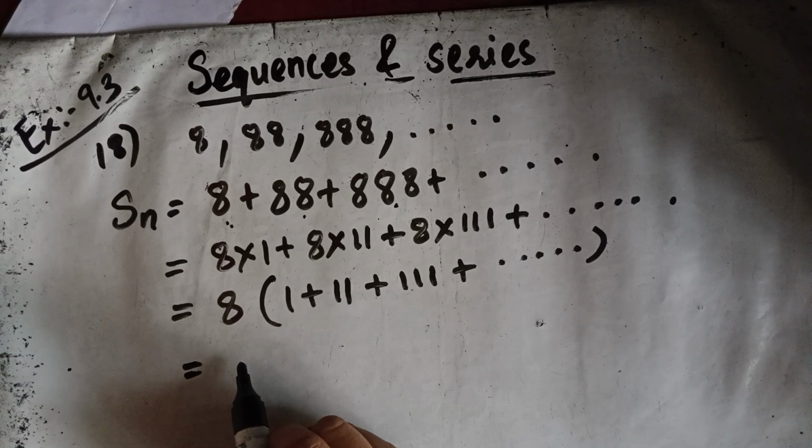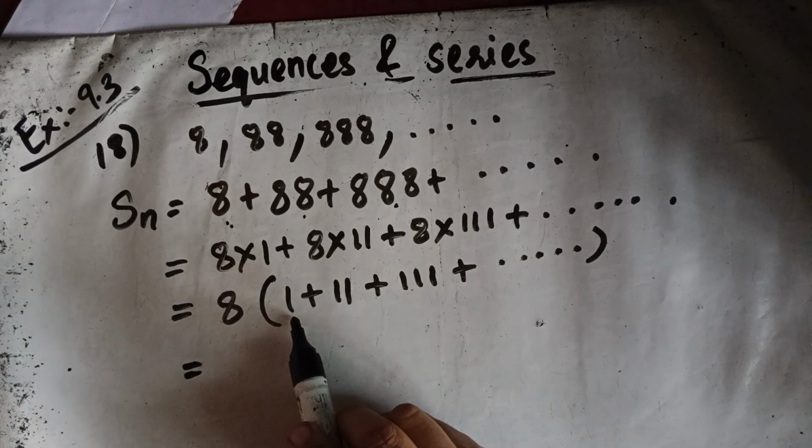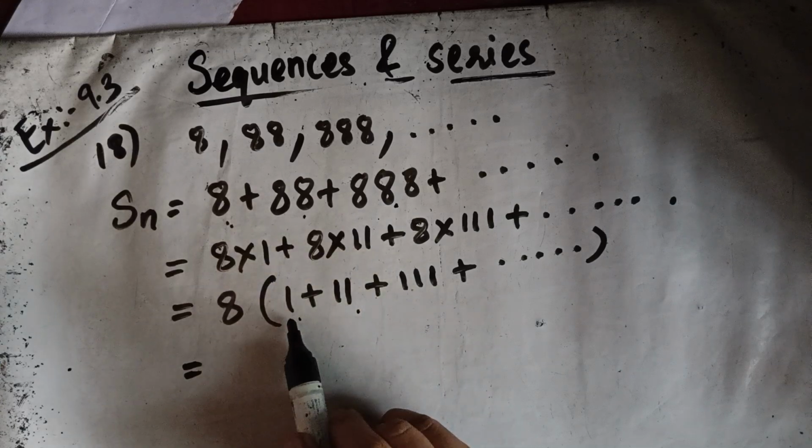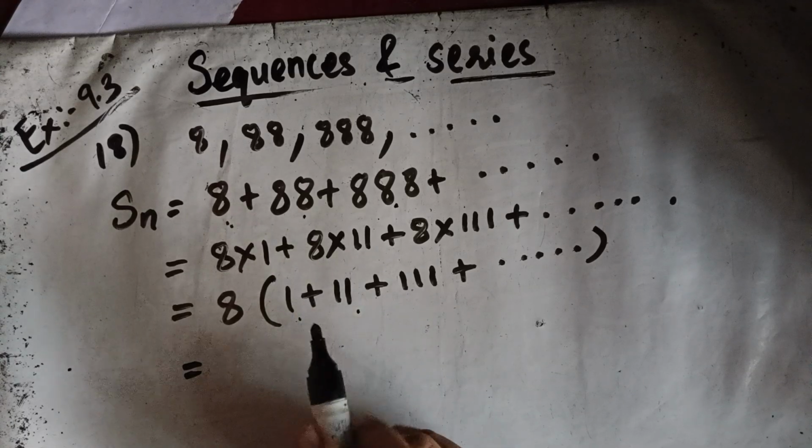Now we have to write this in terms of a sum, right? So the terms should be alike. I can multiply by 9 and divide by 9.